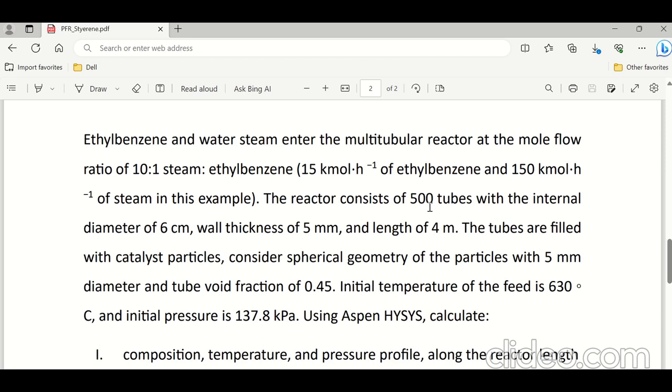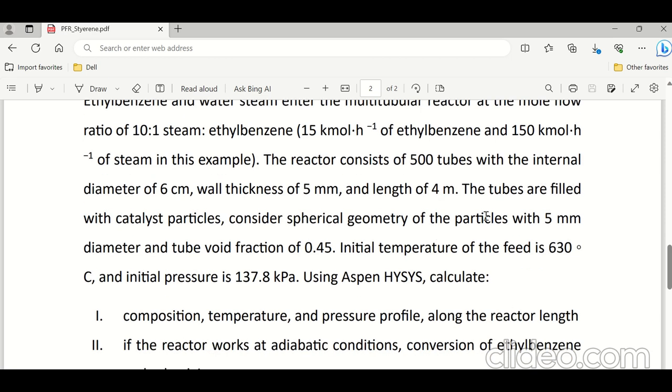The reactor has 500 tubes, and the internal diameter is 6 centimeter. The wall thickness of the tubes is 5 mm, and each tube has a length of 4 meter. And these tubes are filled with catalyst particles.